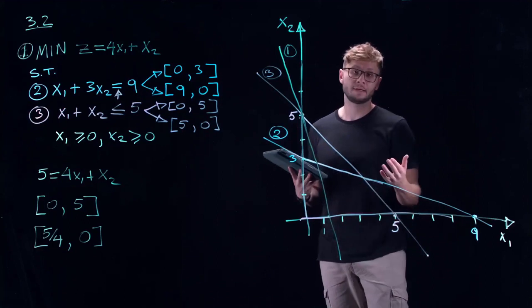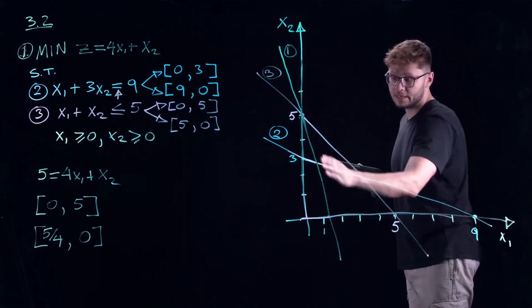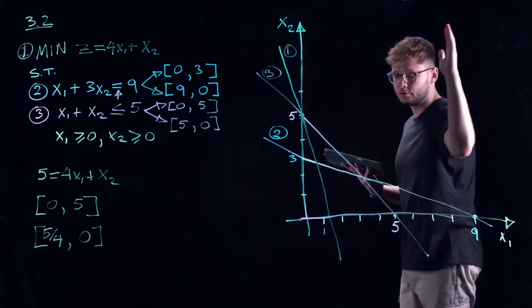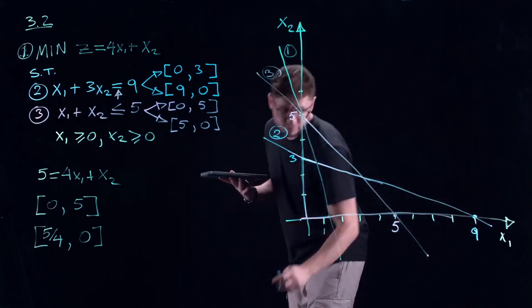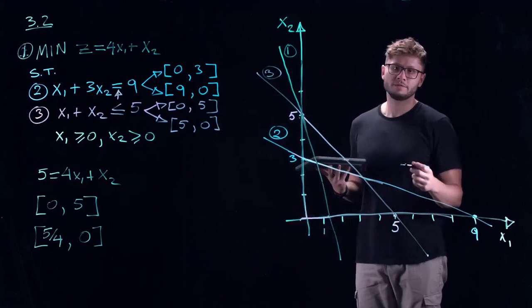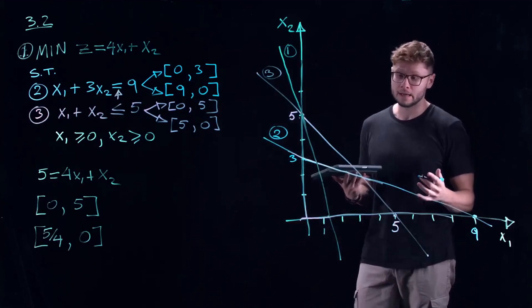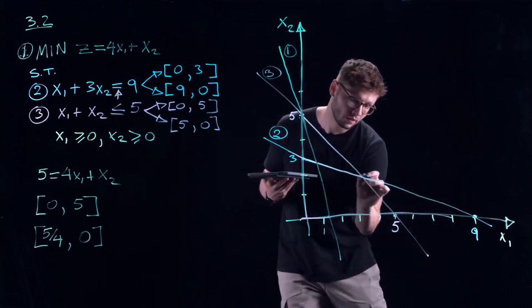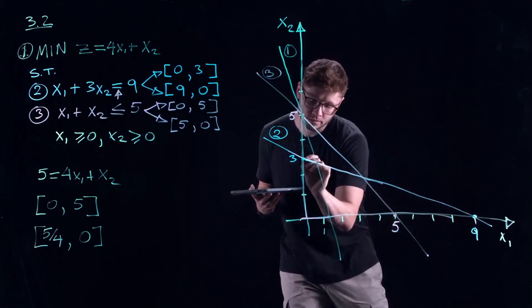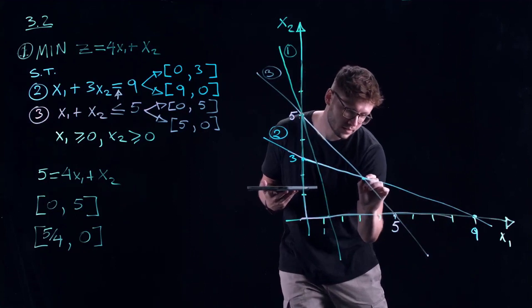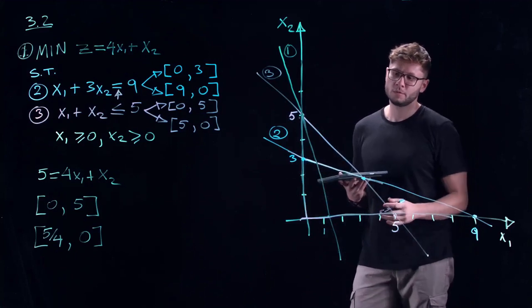We will do the same thing as what we did with the optimization problem, where we propagate the objective function through our graph. And for a minimization function, our optimal solution is going to be one of the points at the extremities of the feasible solution. Now, because our feasible solution here is a line, there are only 2 points that can be considered as our optimal solution, here and here. So we have to find these points.